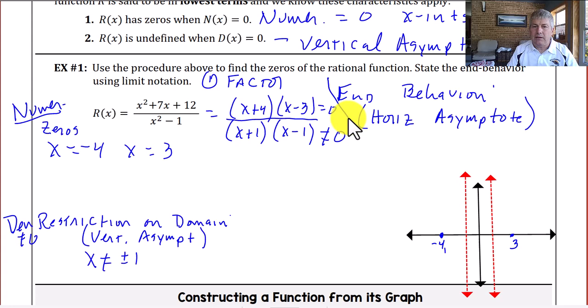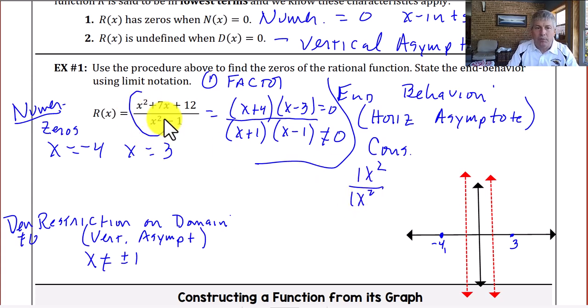And then finally, we're asked for the end behavior. So essentially, they're asking us to find the horizontal asymptote. For our end behavior, we have to consider just x squared. That's 1x squared over 1x squared. Our battle between the numerator and the denominator. Well, as x gets really, really big, these are going to battle to a tie. This simplifies to 1.